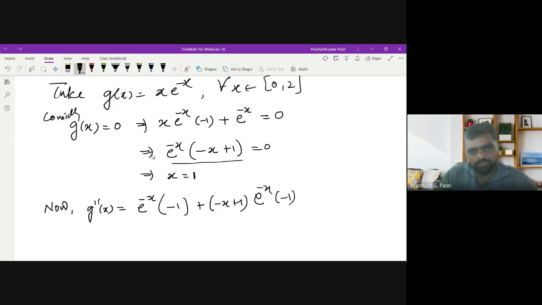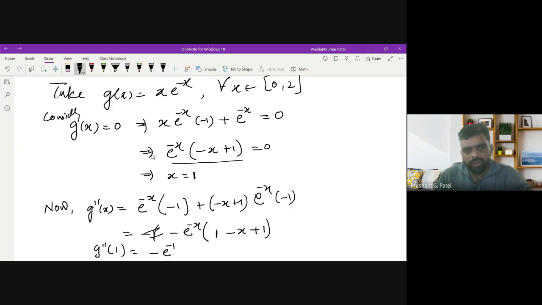Minus e power minus x is common out, and inside, what is left is 1 minus x plus 1. Now g double dash at 1 is minus e power minus 1 into 2 minus 1, because 1 plus 1 is 2 minus x is 1, and this gives you negative.